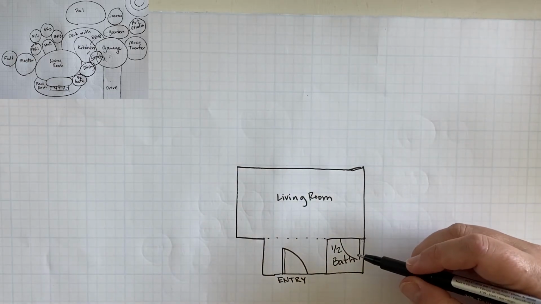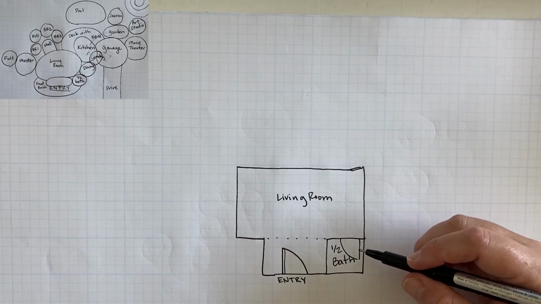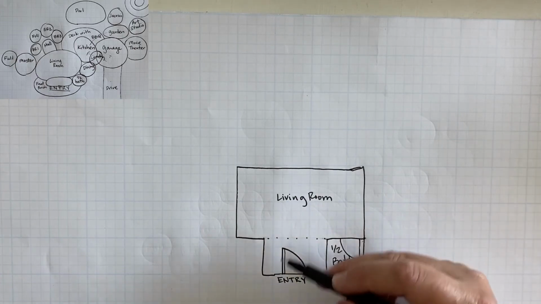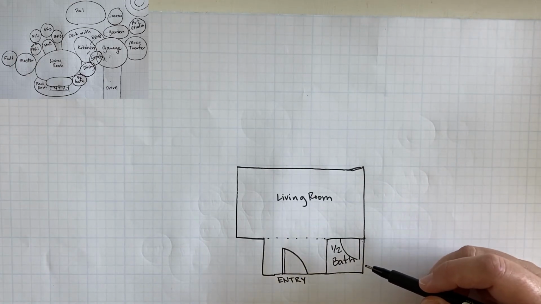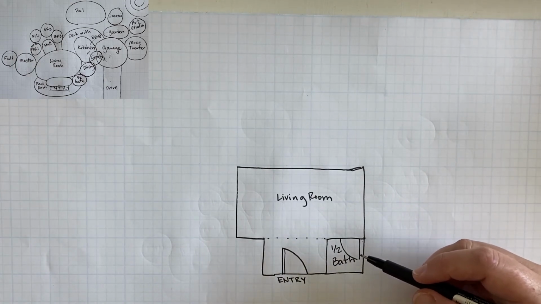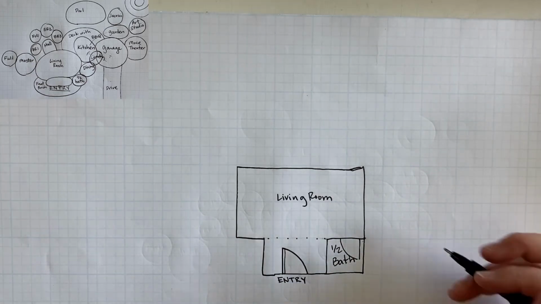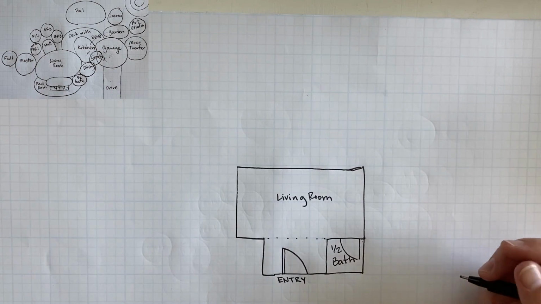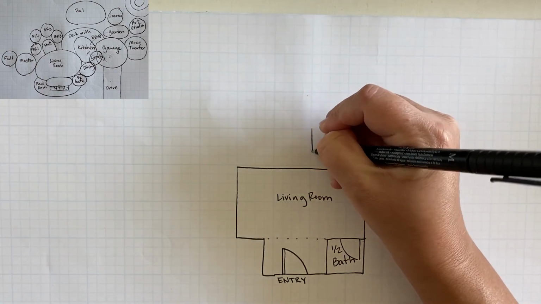And we don't have to put all these doors in or windows in yet because this is just the initial plan. But if you want to start thinking about how things are going to flow and how people are going to walk from one area to another, you can go ahead and start putting them in. The other thing we wanted to put in was our kitchen. So maybe our kitchen can be kind of right off from here.